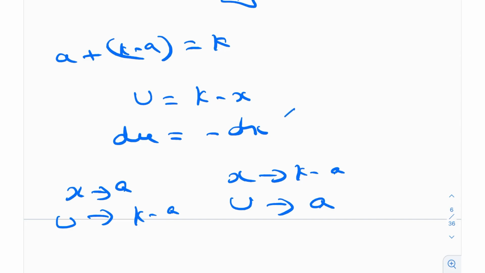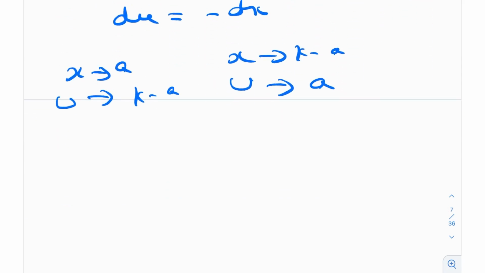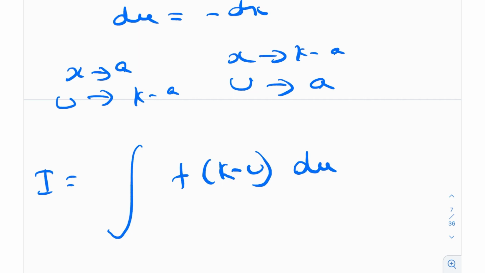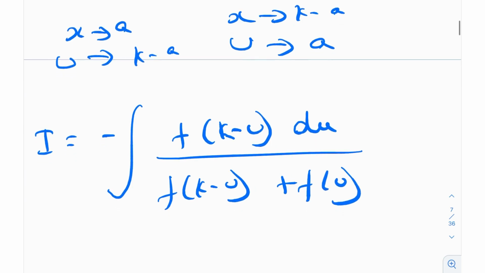And here, consequently, x just becomes k minus u. So if I write the integral in terms of u, I get I is equal to the integral of f of k minus u du with a negative sign, divided by f of k minus u plus f of u, and the limits from k minus a to a.